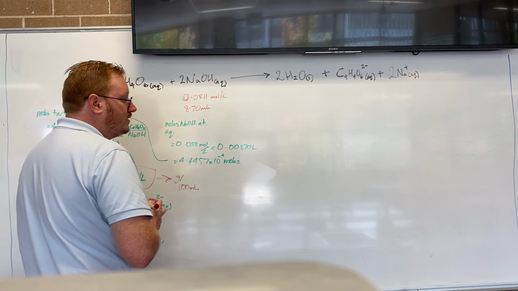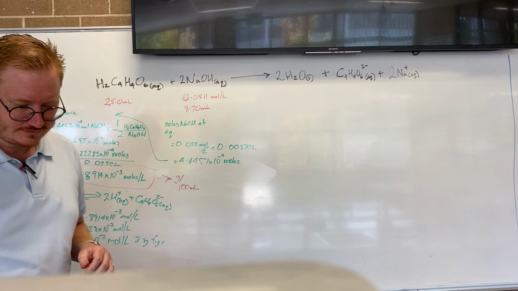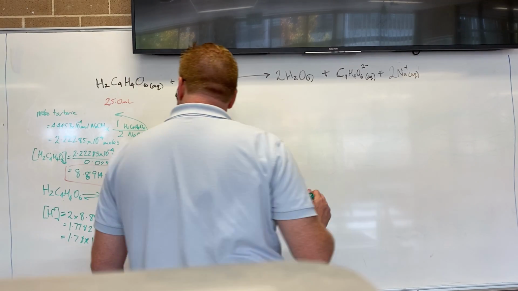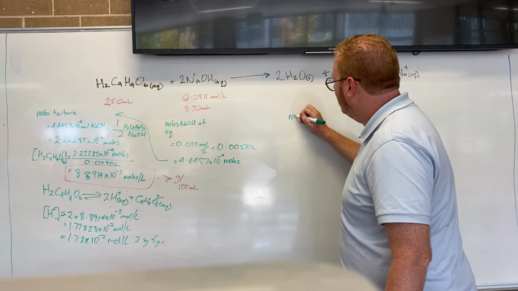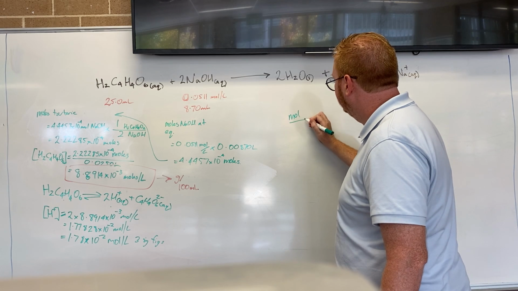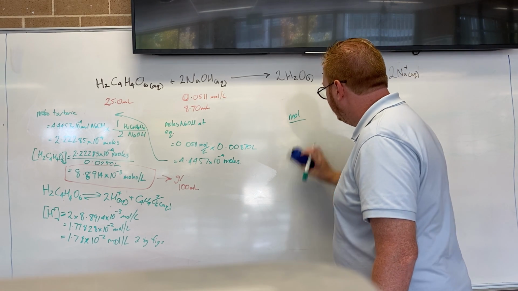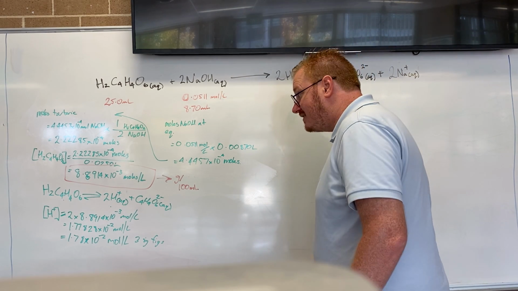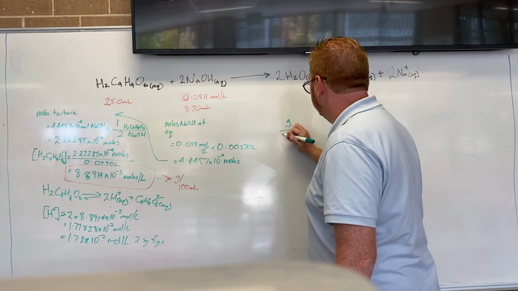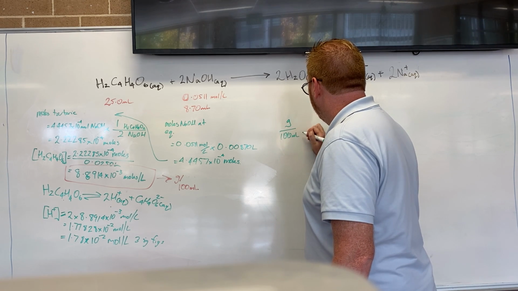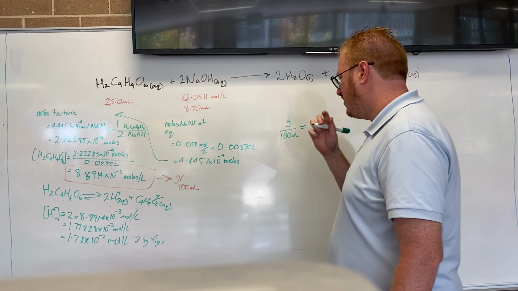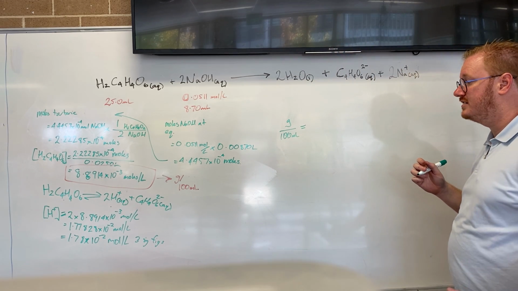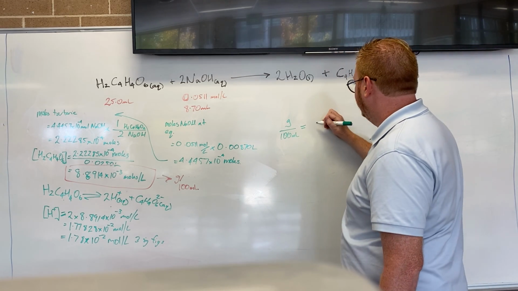Okay, I'm going to do it over here. If I've got something in moles per litre, oh, hang on, let me start again. If I want to get something in grams per 100 mil, I set up my equation here, just with the units, and I've got moles per litre.